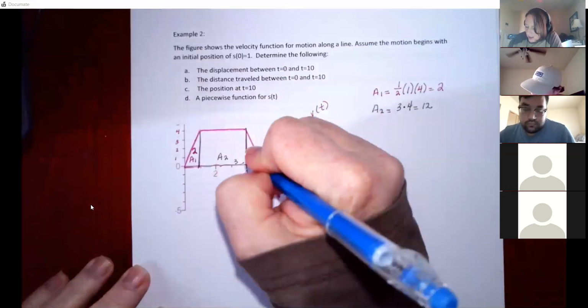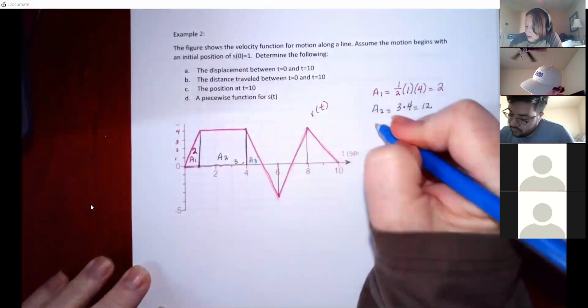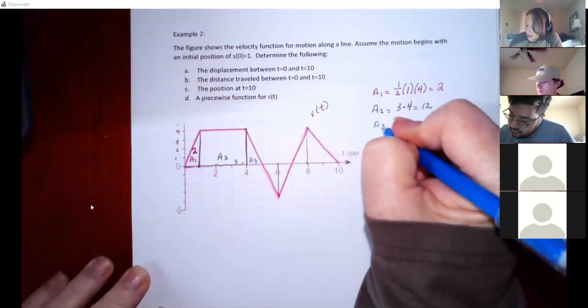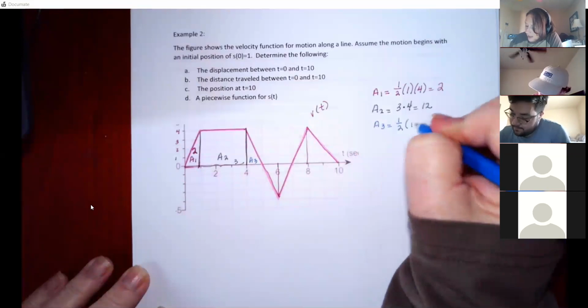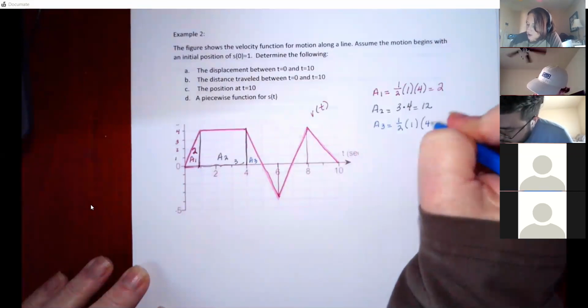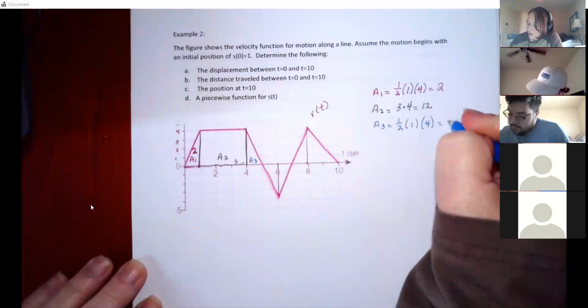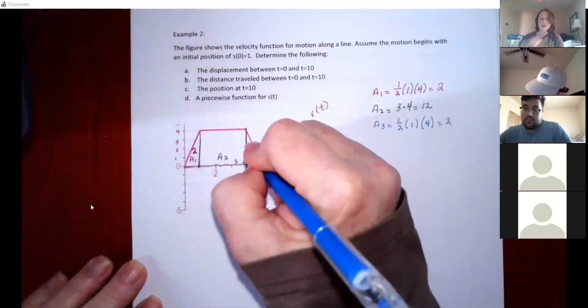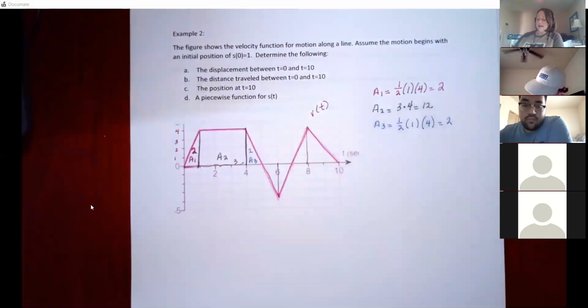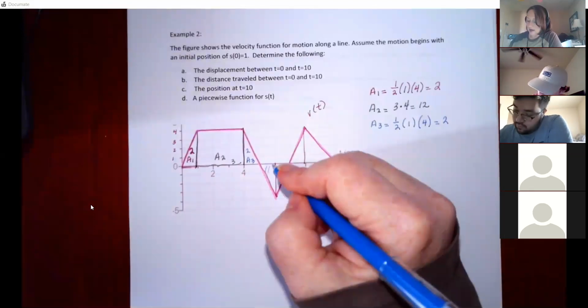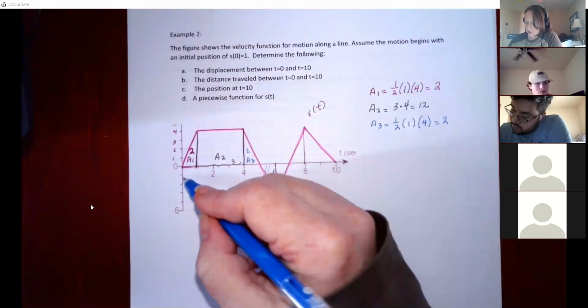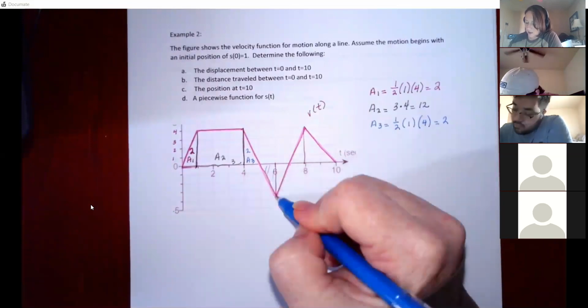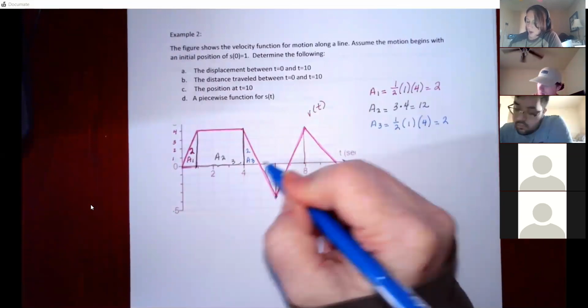This is going to be our A3. That's still 1/2 of a triangle 1 unit wide and 4 units tall, so that's going to be 2 units as well. Now notice this triangle that's below goes 1, 2, 3, 4 units down and 1 unit wide as well.